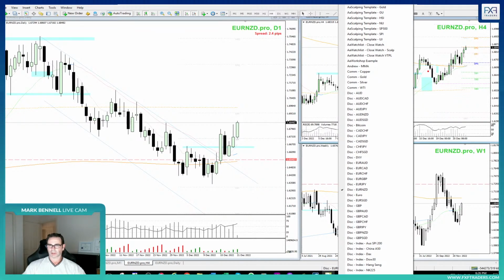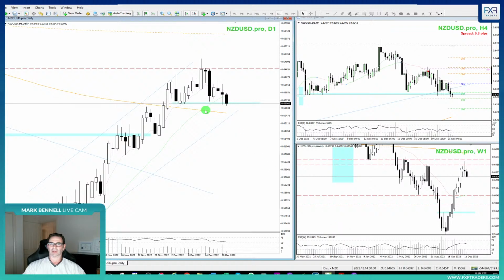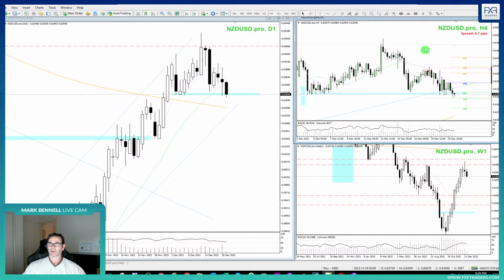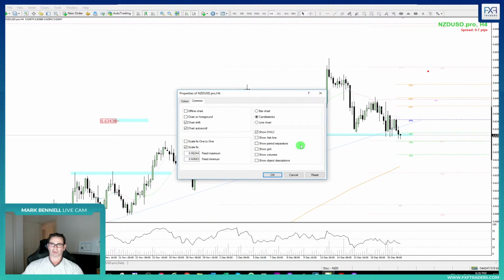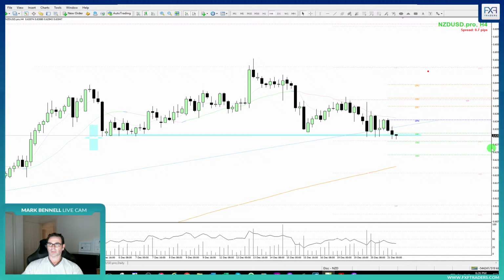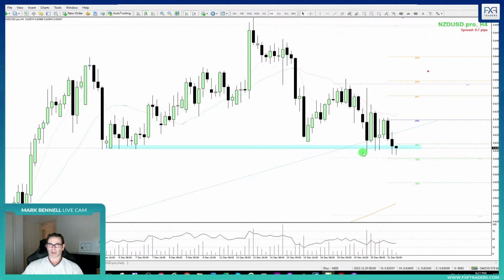New Zealand dollar. So we will often follow the Aussie dollar. So we're sitting here on the daily anchor. It's pushing into it. Here's the 4 hour chart. That's just sitting on that support. A couple of false breaks through there.